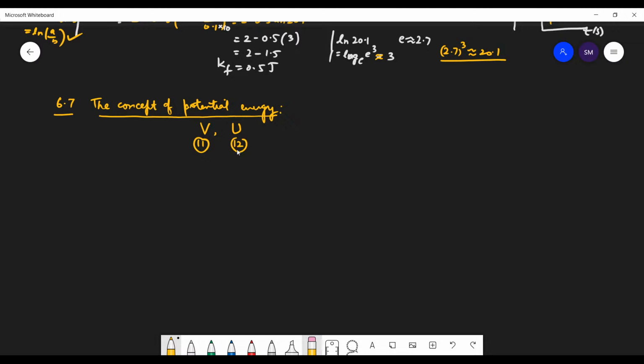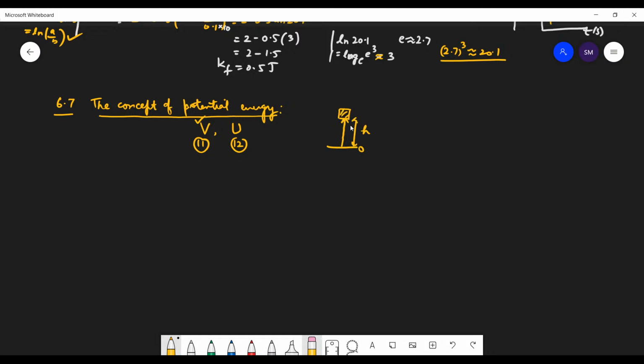is electrostatic potential energy, we'll use the symbol U. In some books the symbol U can be there, but in NCERT the symbol is V, and we will be using this symbol for the potential energy as per the NCERT. So when the term potential energy comes, directly it comes to your mind. You have studied in 9th class that I have lifted an object to height h, right?